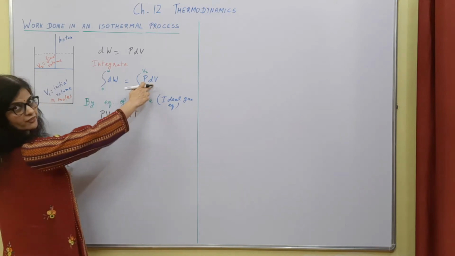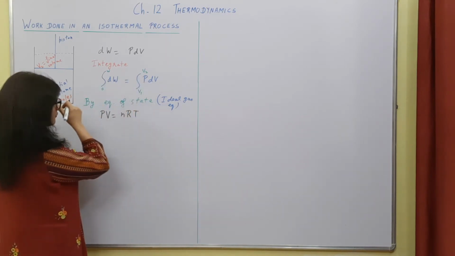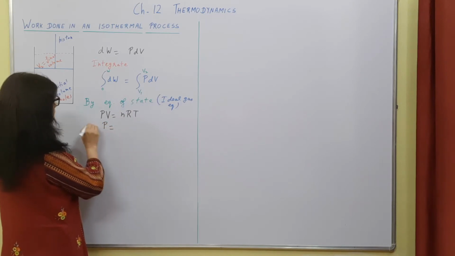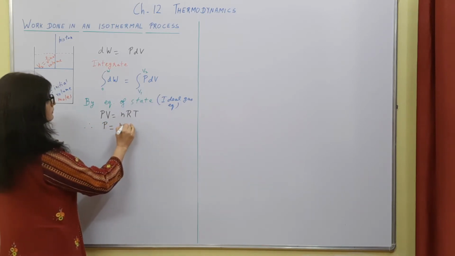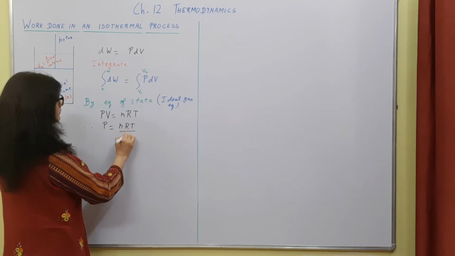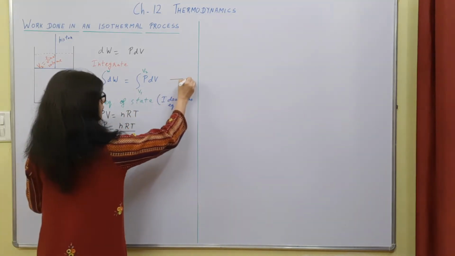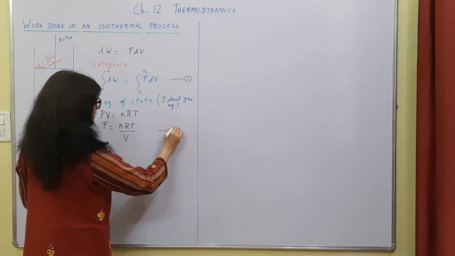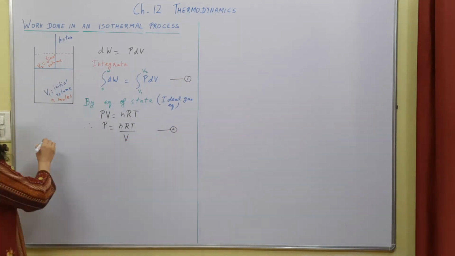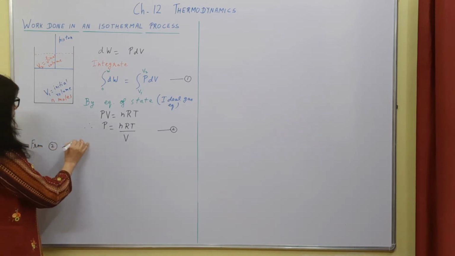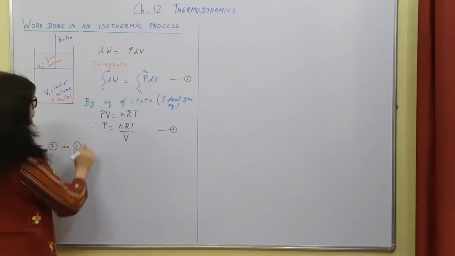We have to integrate with respect to volume, so we can put the value of pressure in terms of volume. Right? So if we mark this as equation 1 and this as equation 2, then from 2 in 1, we can put the value.